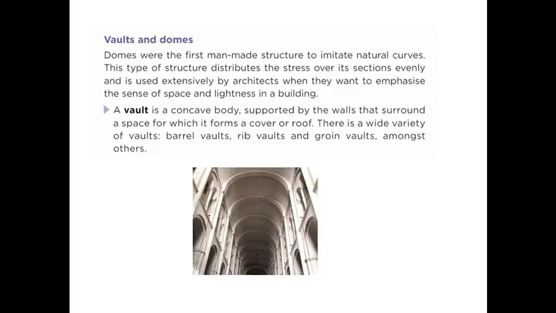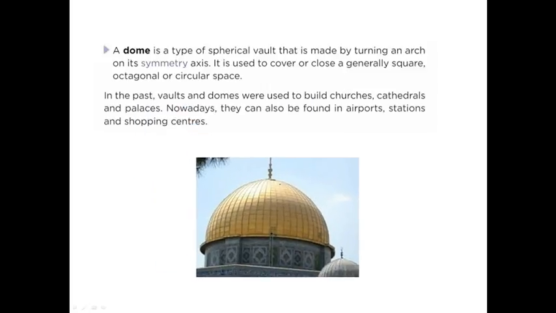There is a wide variety of vaults: barrel vaults, rib vaults, and groin vaults, amongst others. A dome is a type of spherical vault that is made by turning an arch on its symmetry axis. It is used to cover or close a generally square, octagonal, or circular space. In the past, vaults and domes were used to build churches, cathedrals, and palaces. Nowadays, they can also be found in airports, stations, and shopping centres.